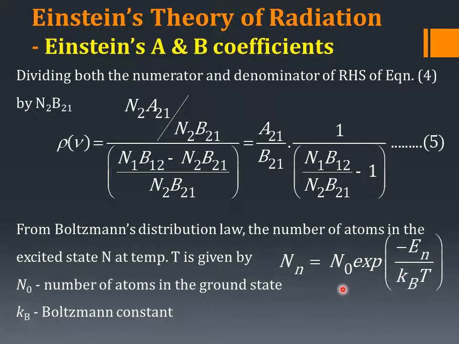We use this Boltzmann's distribution law in order to obtain an expression for N1 by N2, the term which is present in the denominator of rho of nu.